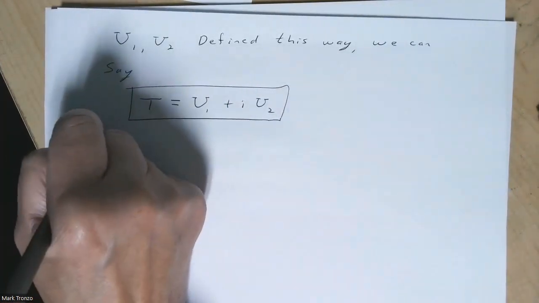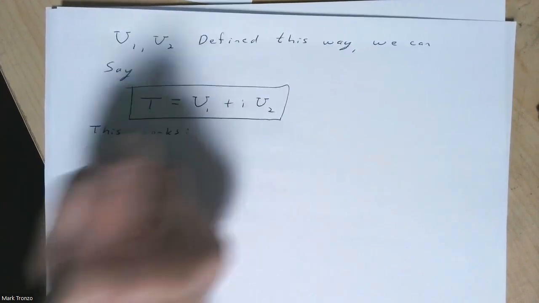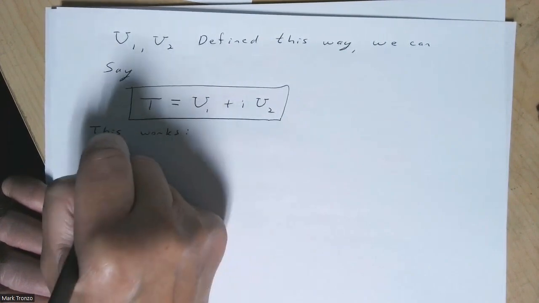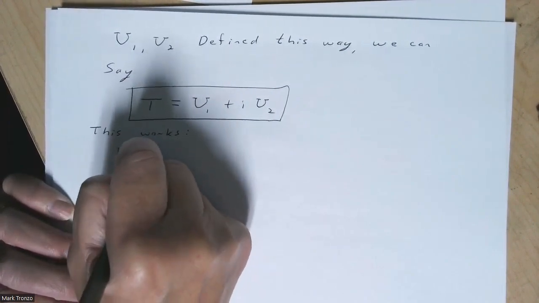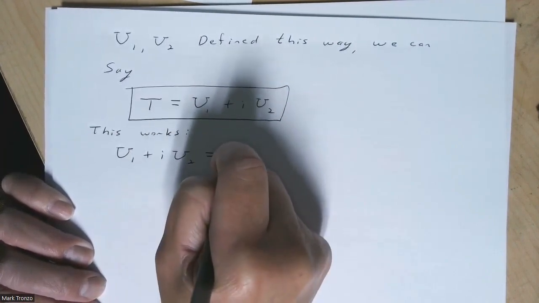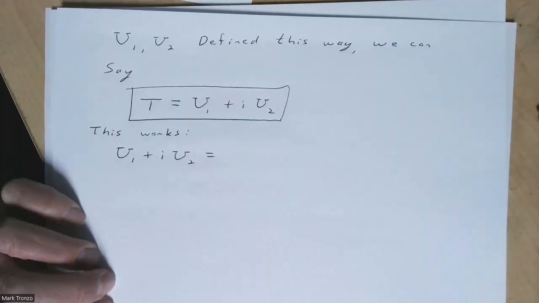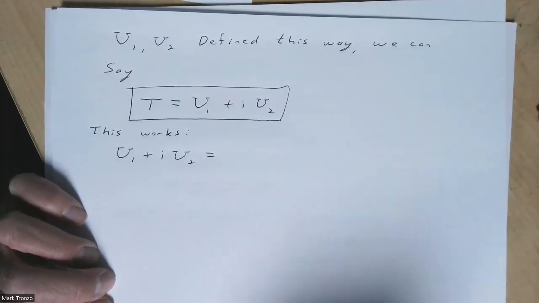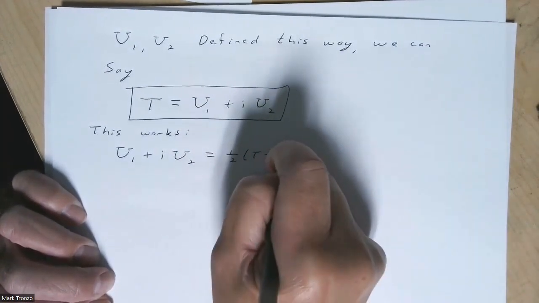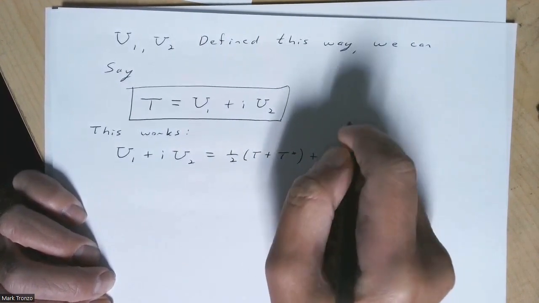And of course, this works because you can put these in, let's say u1 plus i u2. We had u1 defined as 1/2 (T plus T adjoint).